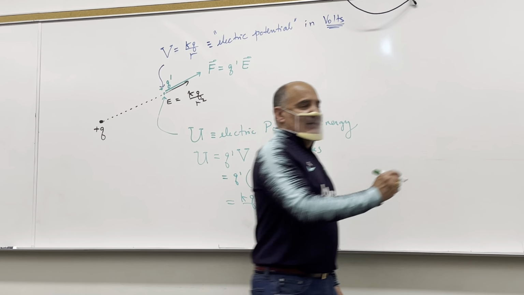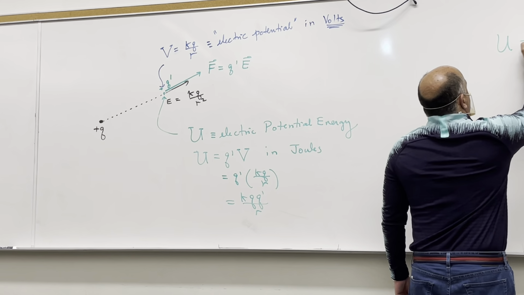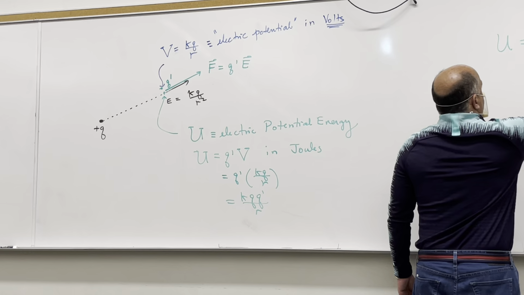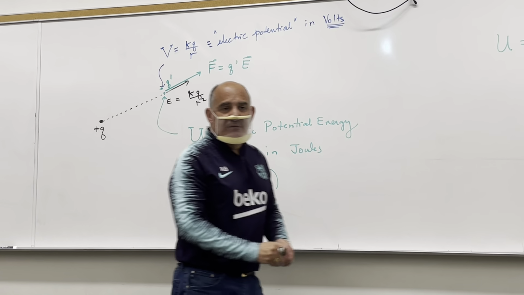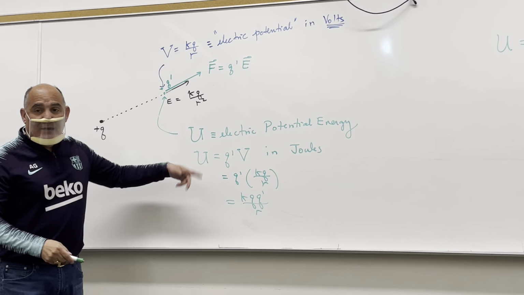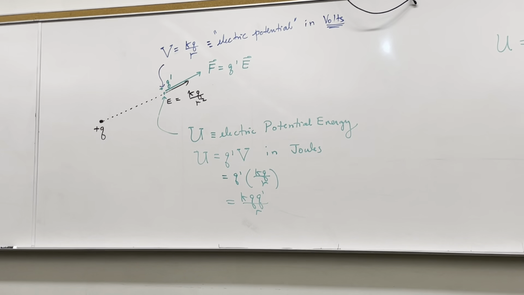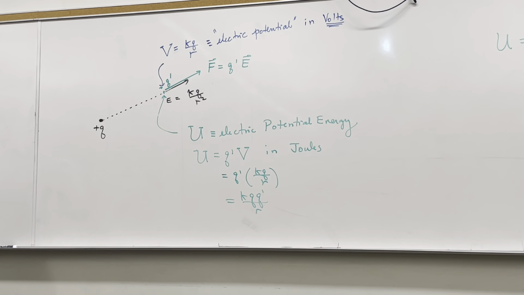Remember that in the case of gravitational potential energy, you can write capital G, M1, M2 over R, except that that turns out to be negative. This could be positive or negative depending on the charges. If the two charges have the same sign, plus, plus or minus, minus, the energy is going to be positive. But if the two charges have opposite sign, plus and minus, the energy is going to be negative.